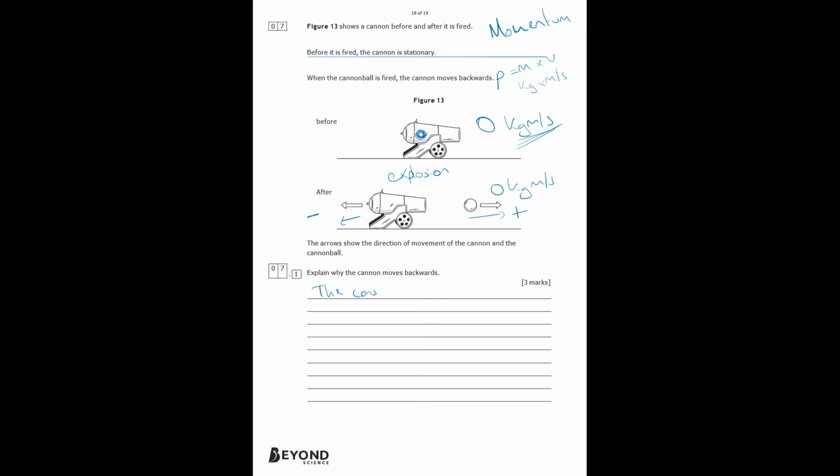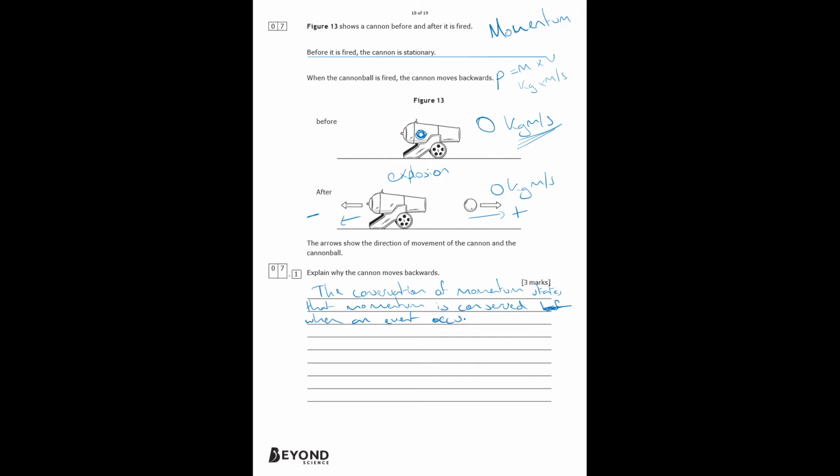The conservation of momentum states that momentum is conserved before and after an event. It is conserved when an event occurs.